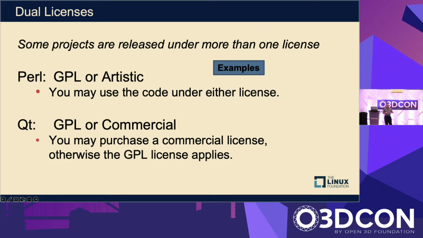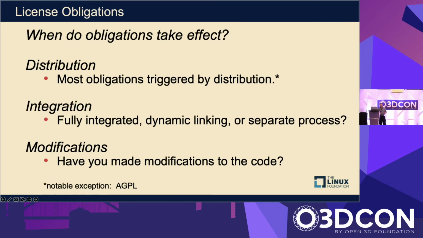But if you have Qt as a dependency, you might need to purchase a commercial license for Qt so that you can sell your combined work downstream, and then the GPL license doesn't apply. So if there's dual licenses, you get to choose. You may wish to consult your legal counsel if you're a commercial entity to decide which is best. But the end is that you get to choose.